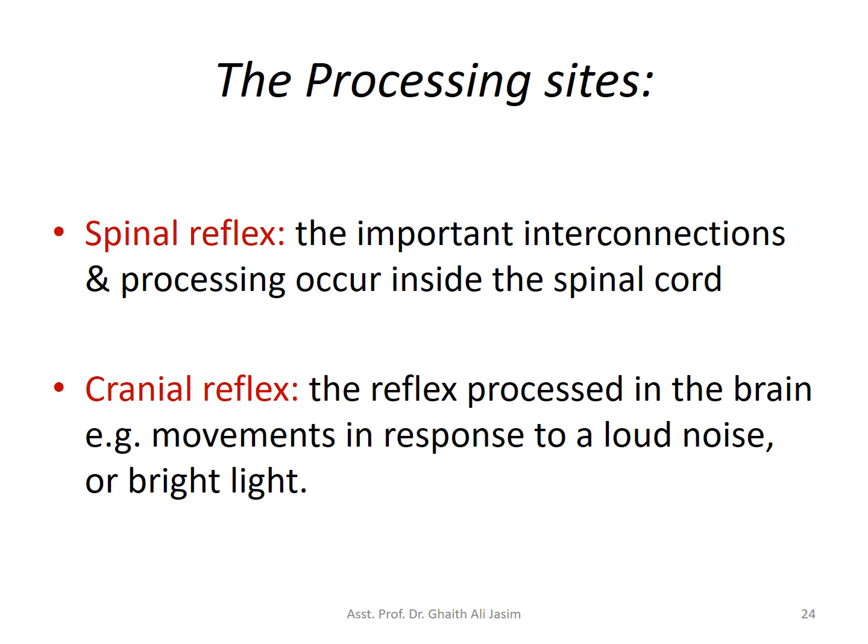According to the processing site, it's divided into spinal reflexes, where the important interconnections and processing occur inside the spinal cord, and cranial reflexes, where the reflex proceeds in the brain, for example, movement in response to loud noise or bright lights.